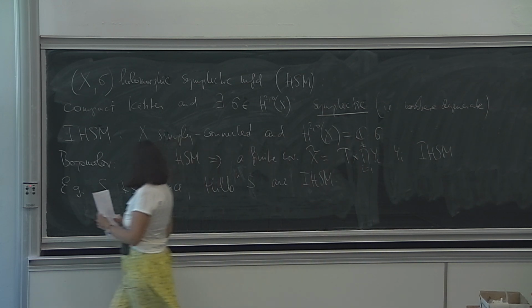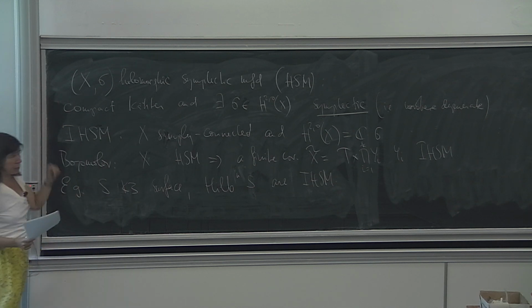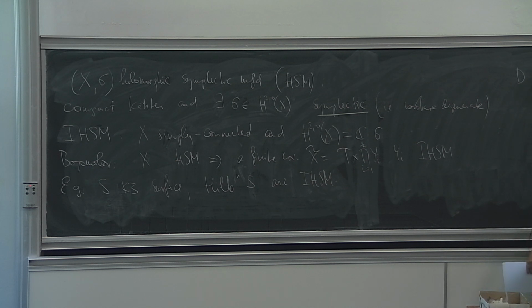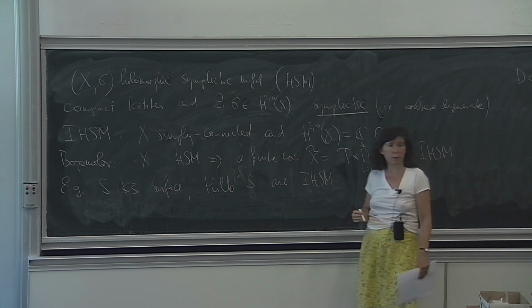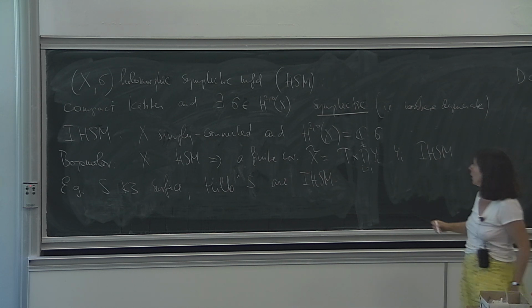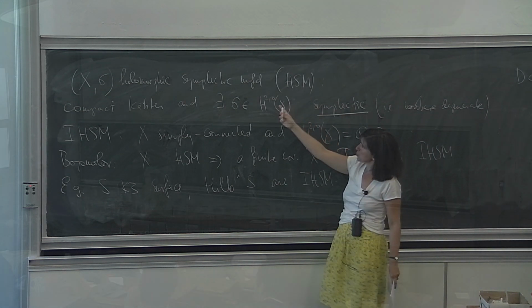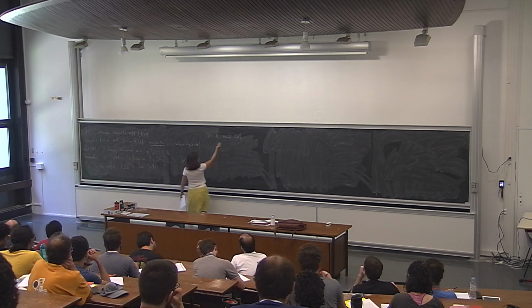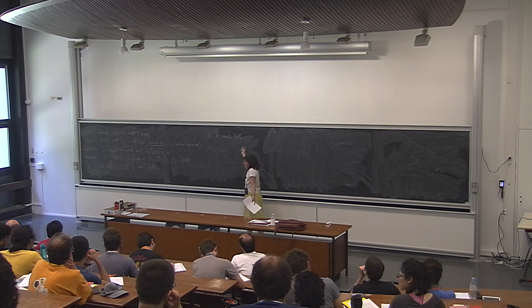Okay, so let's take a hypersurface D in a holomorphic symplectic manifold. Then the restriction of sigma to D acquires a one-dimensional kernel.